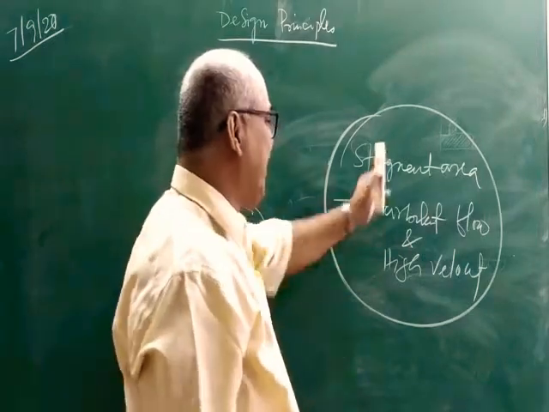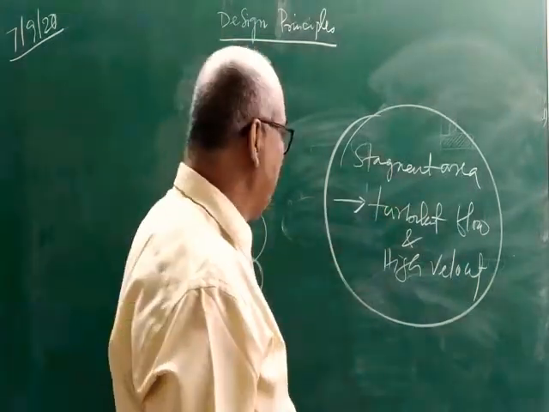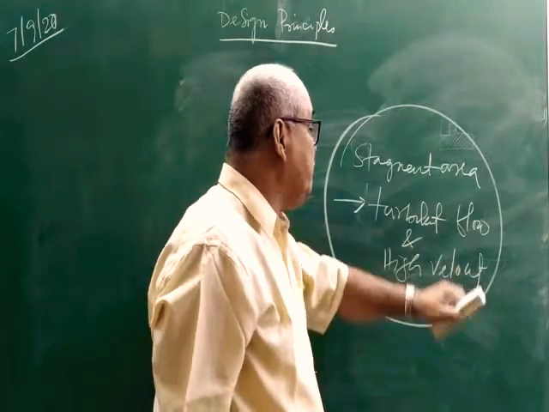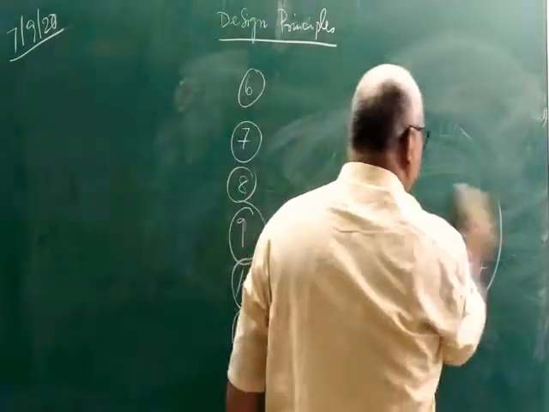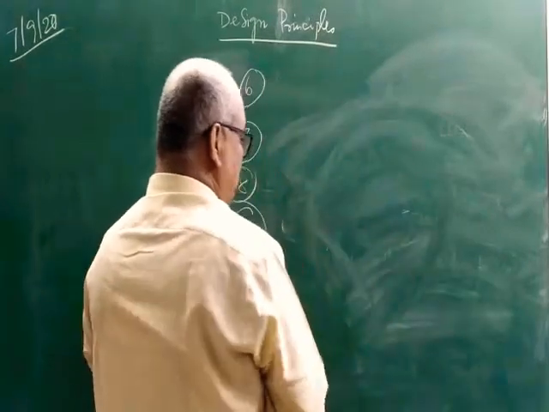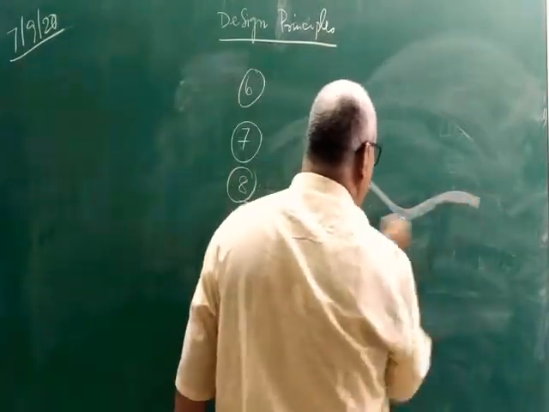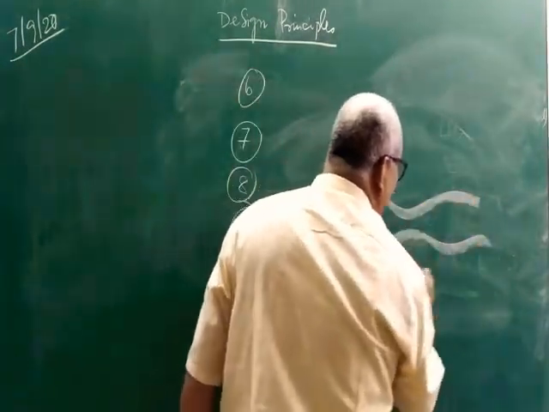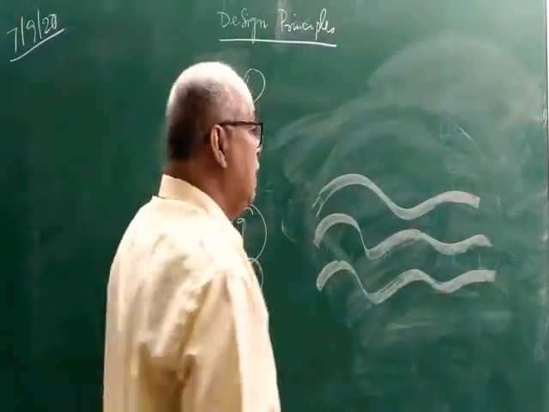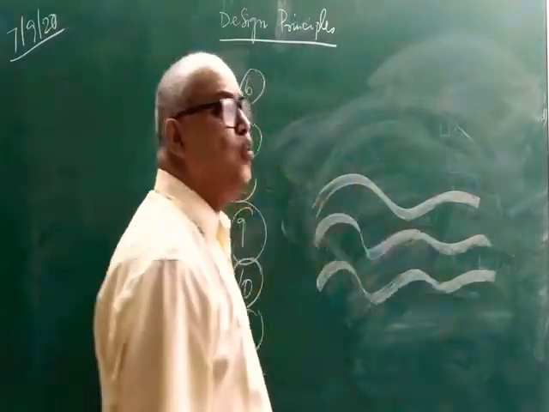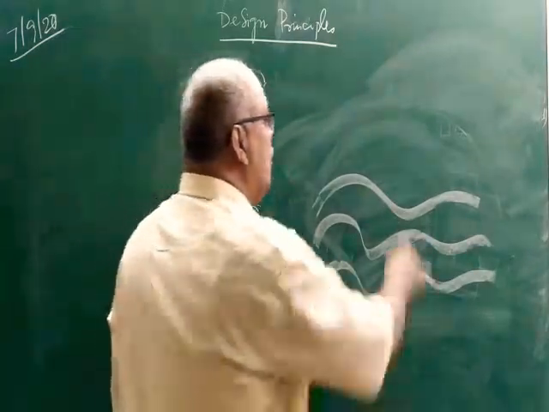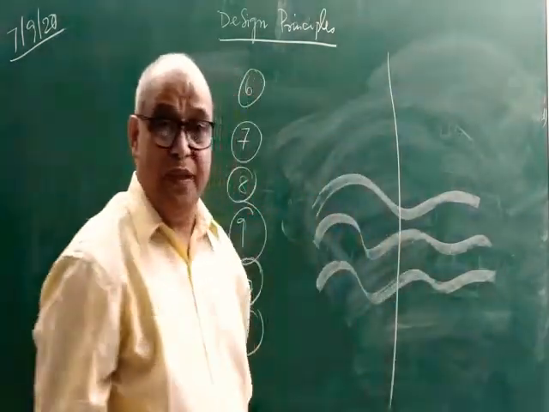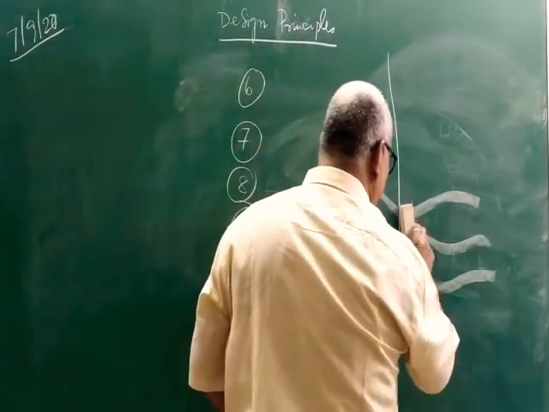One thing I would like to say: stagnant area we have discussed so much. If we want to talk about turbulent flow, let me discuss it. Suppose this is a river having very high waves. If we want to reduce the intensity of the waves, we will put an obstruction over there. You see, this is the obstruction.